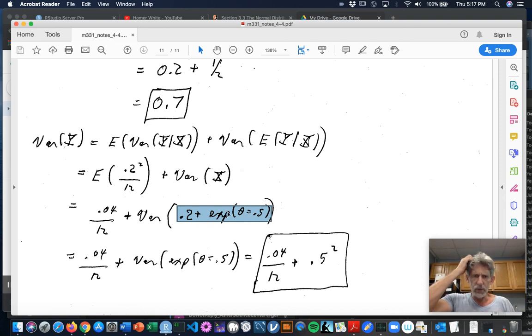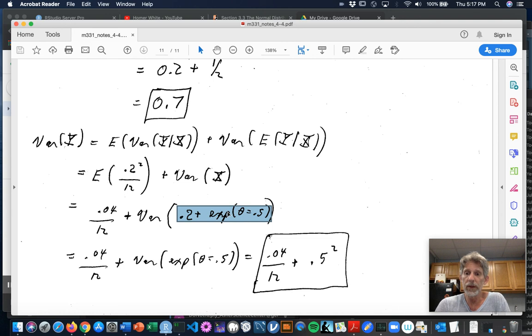So let's think about how this works. The variance of a constant plus a random variable, that constant just moves everything up by 0.2. It doesn't change how spread out the random variable is. It just moves up its possible values. So adding on a constant should not change the variance. We will formally prove that kind of thing later when we collect all properties for expected value and variances.